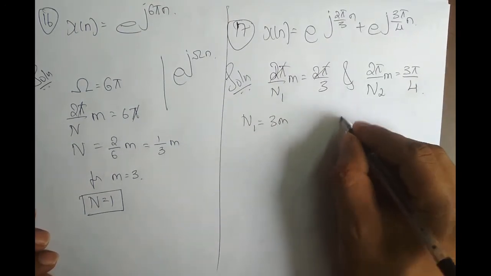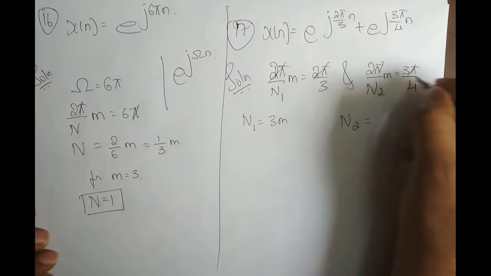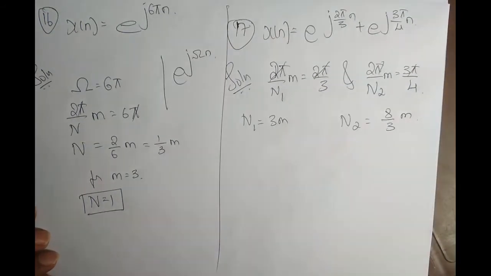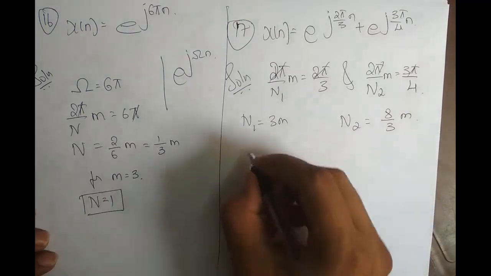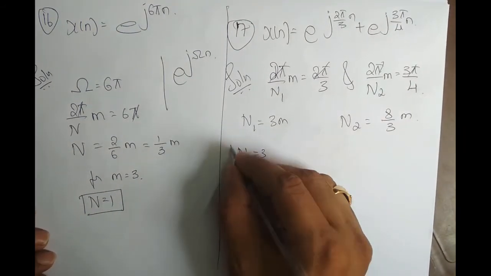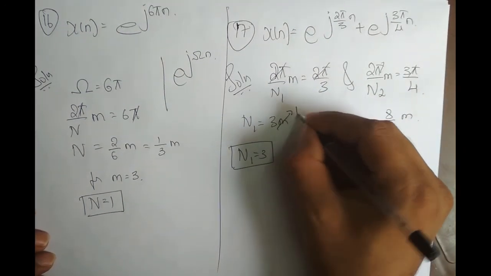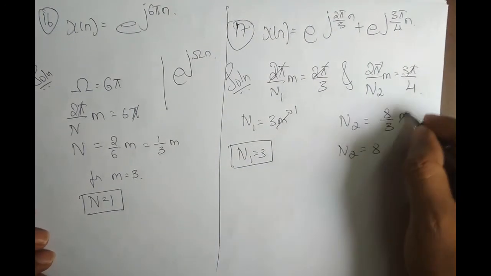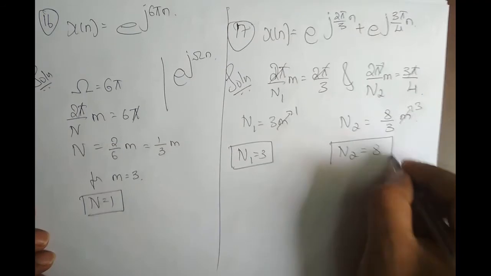Here n2 is equal to 8 by 3 times m. Now n1 is equal to 3 for m equal to 1, and n2 is equal to 8 for m equal to 3.